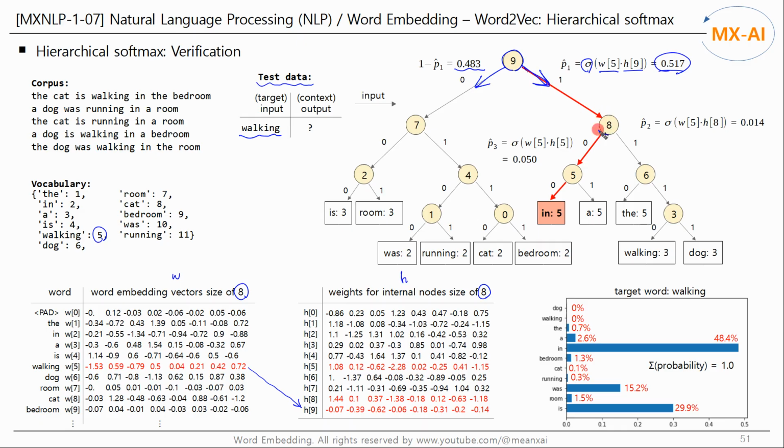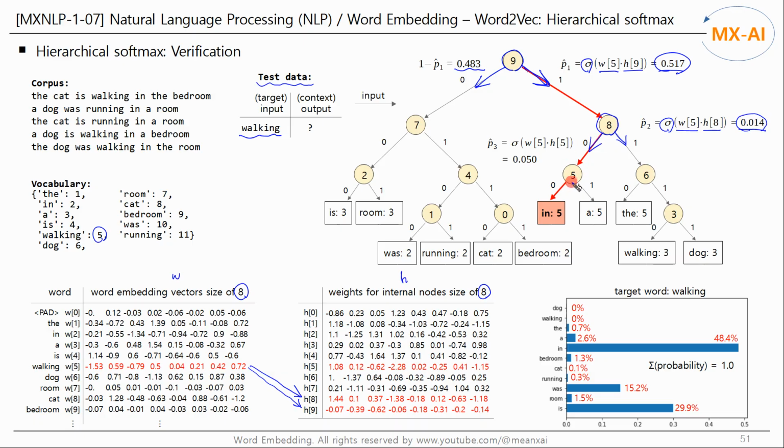Next, since this node ID is 8, we calculate the dot product of W5 and H8, and compute the probability of moving to the right, which is 0.014. This is less than 0.5, so we move to the left.